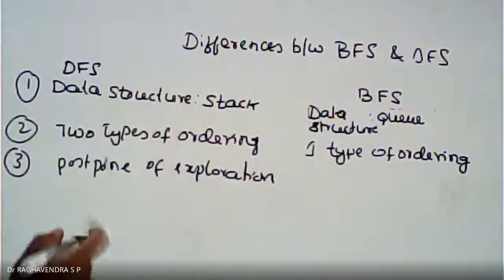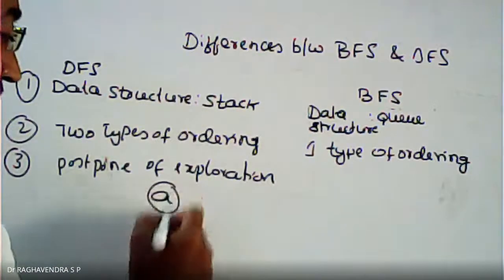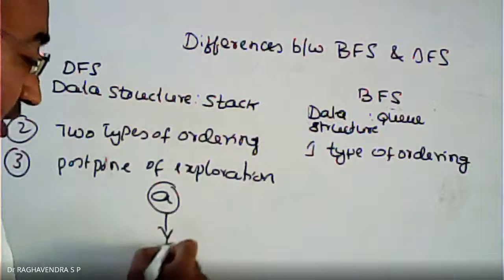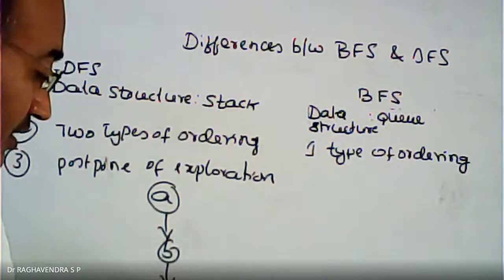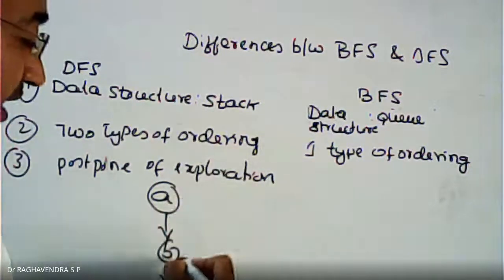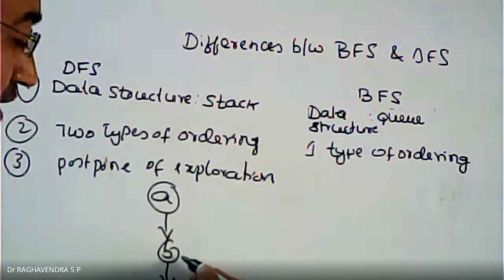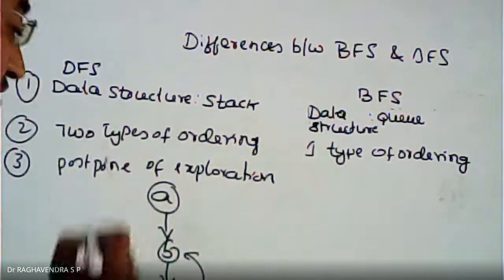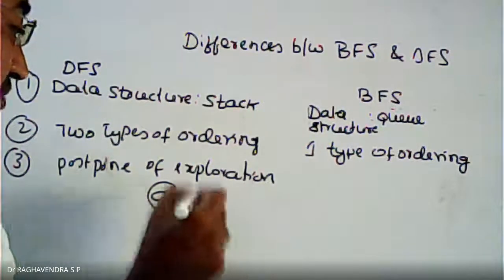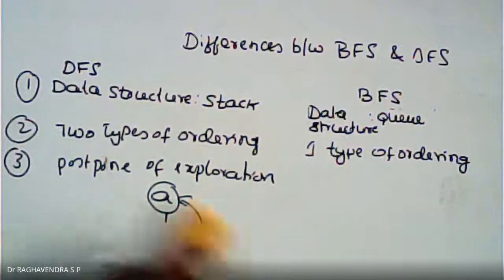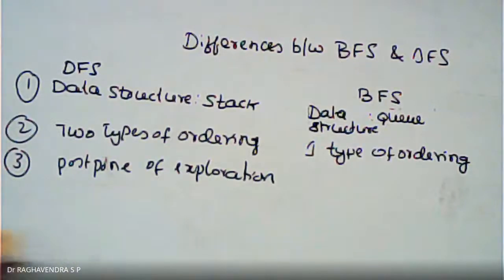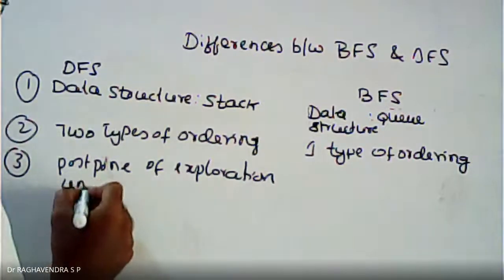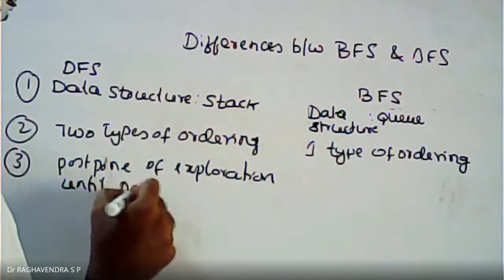Suppose we have a node A here, a node B here, and a node C here. A is not explored until B is explored, and B is not explored until C is explored. C will be explored because this is a dead end. Then we backtrack and explore B, then A. So this is how DFS works. That is postponement of exploration until a dead end.